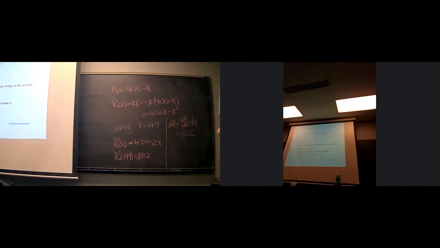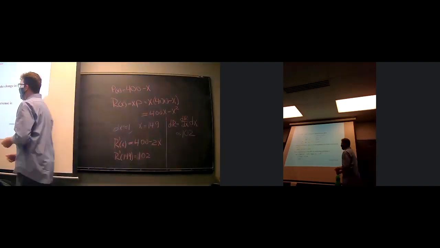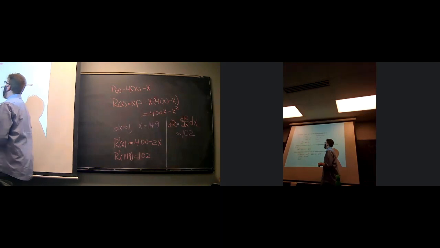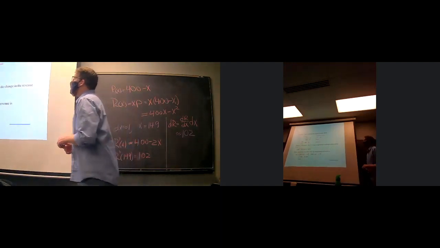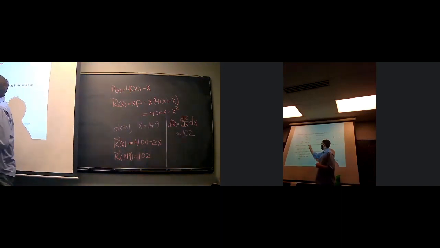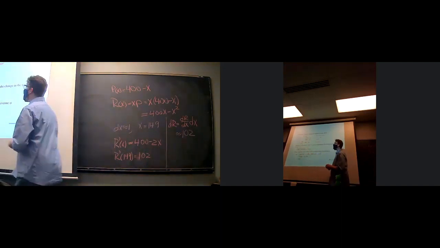So looking at the math then, going through, we have dR/dx that we found to be 400 minus 2x, same as ours. We're setting x equal to 149 and delta x equal to 1. And then we're saying, all right, let's go ahead and calculate all of this. Throw in 149, multiply by that delta x, and out comes 102.